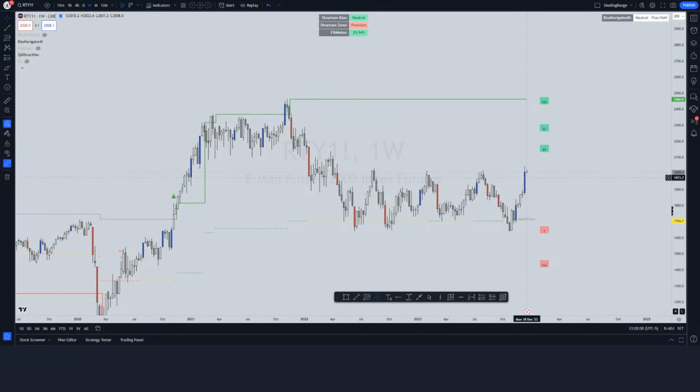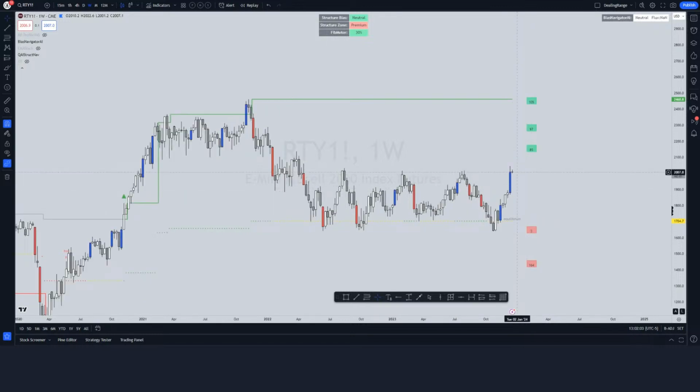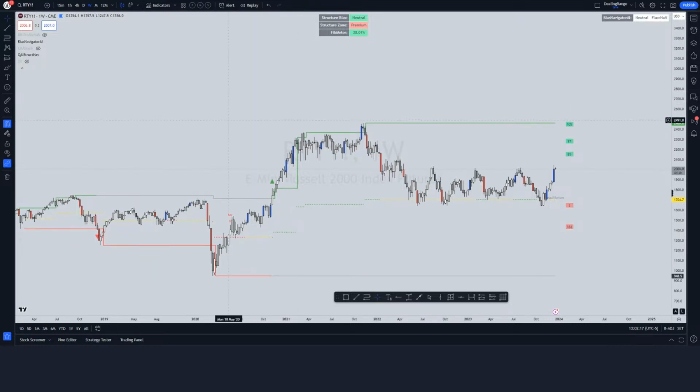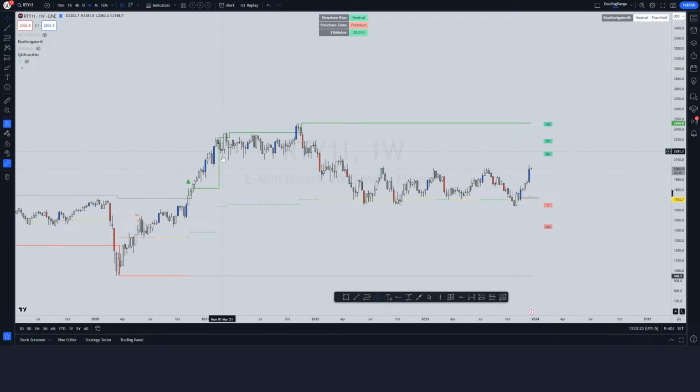I want to get back into this trade and look for this level here as a target. This is a longer term trade, by the way. Okay. I generally don't hold trades for weeks or months, but at this point, the volatility is pretty low across all equities.